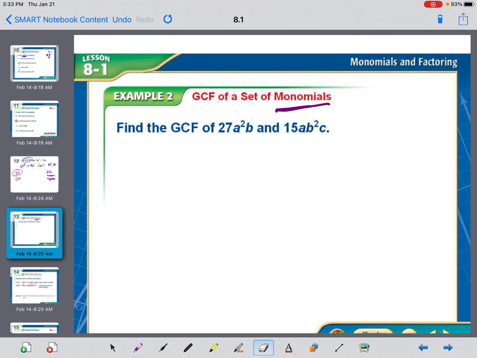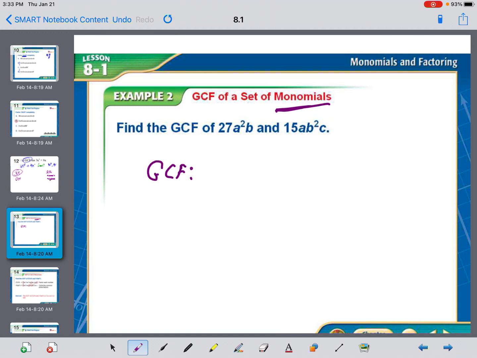So, look at these two. We have two monomials. And they've asked us to find the GCF of these two. Remember we said it could have a numeric part and an algebraic part. So let's talk about the numeric part. What's the biggest number that will go into 27 and 15?